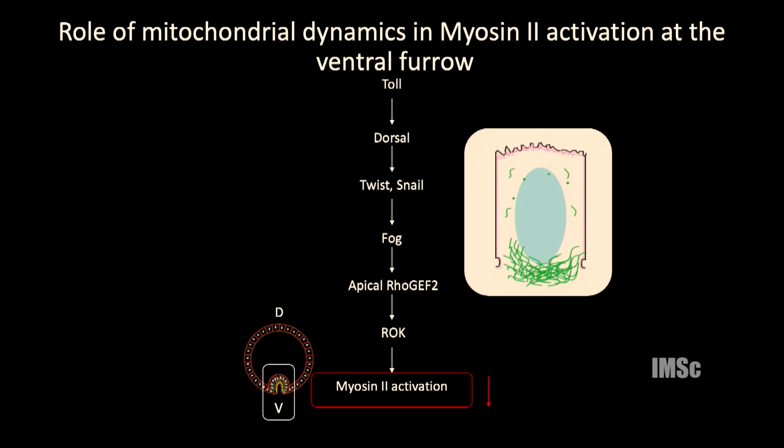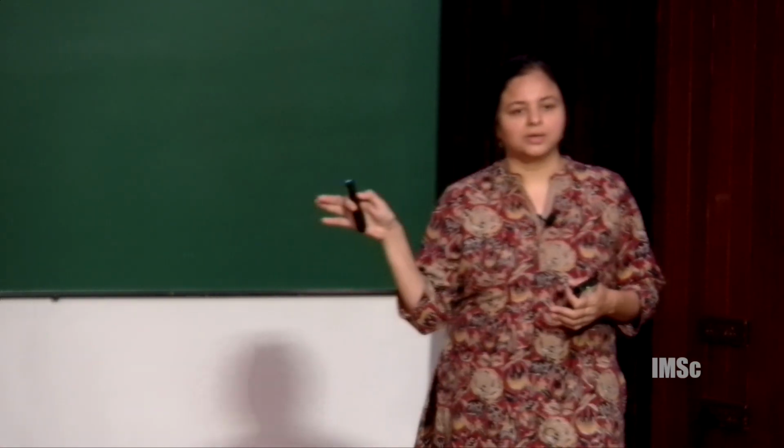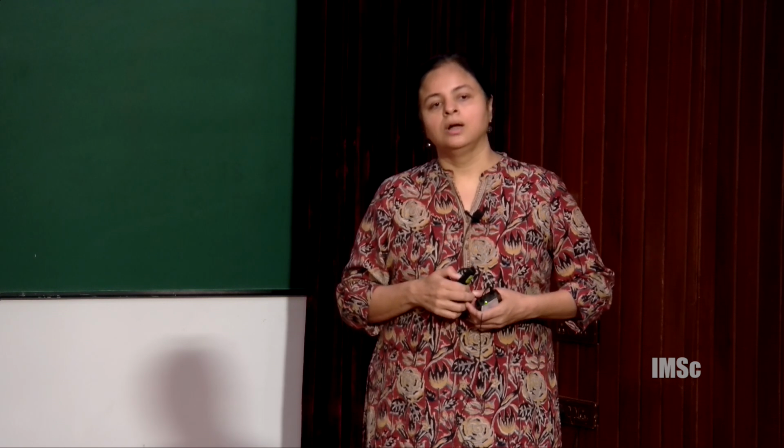So if the oxidation reduces, then in fact myosin contractility also reduces. It may have to do with the rate at which kinases and phosphatases are getting activated or inactivated to maintain a certain level of myosin activity. So that could be one mechanism, and we are trying to test that. It's known in the literature in many different cell types which have cell shape change analysis and the role of mitochondria with it. Thanks.